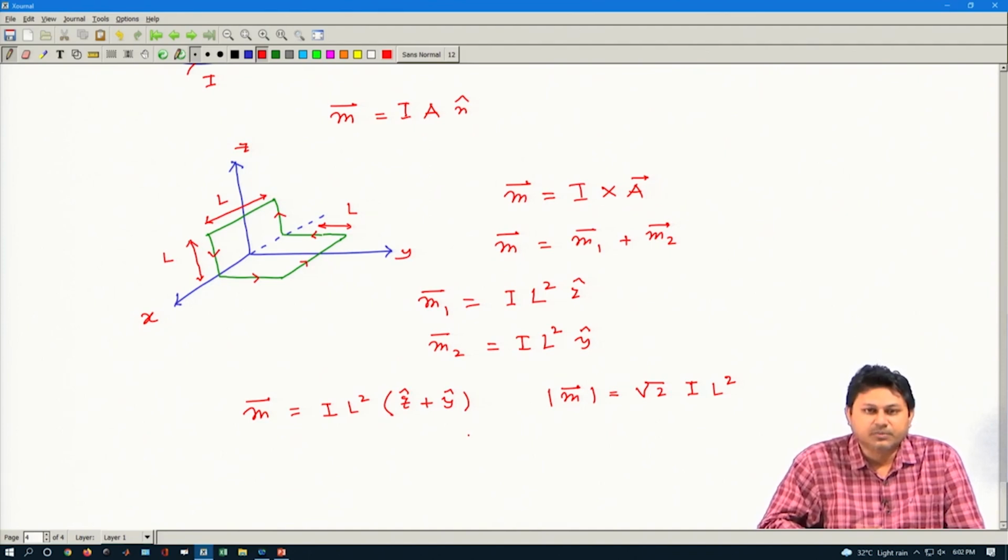If I put a magnetic loop in an external magnetic field, how the torque arises, etc. That maybe we can discuss.